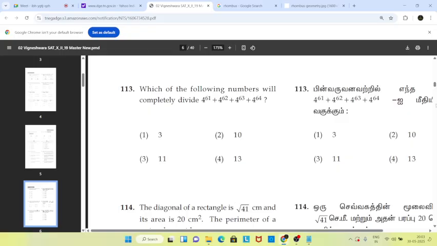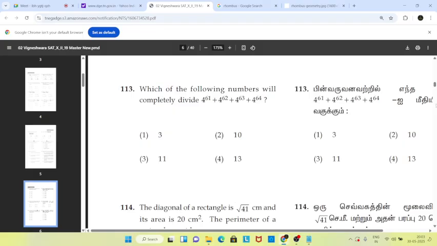What is 4 power 1? 4. 4 power 2? 16. 4 power 3? 64. 4 power 4? 256.